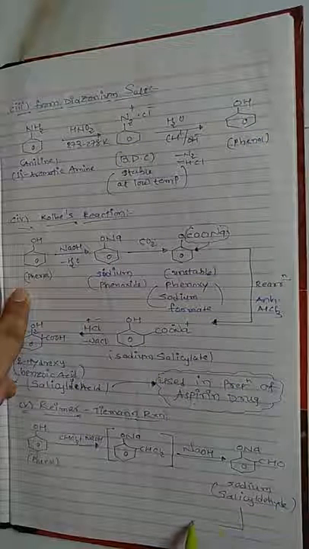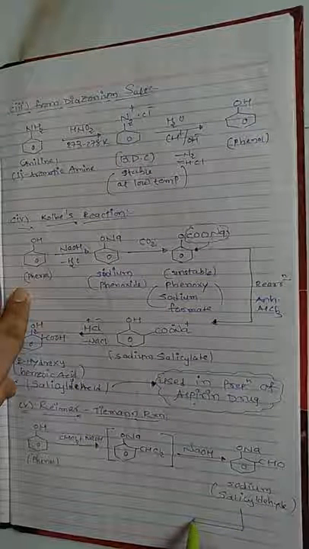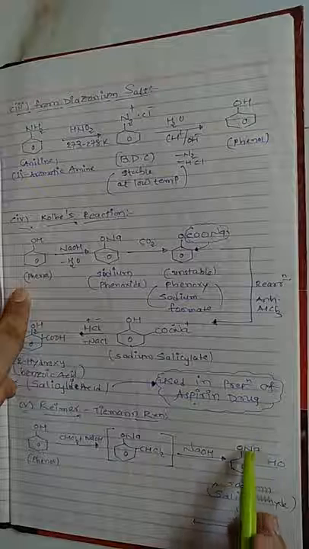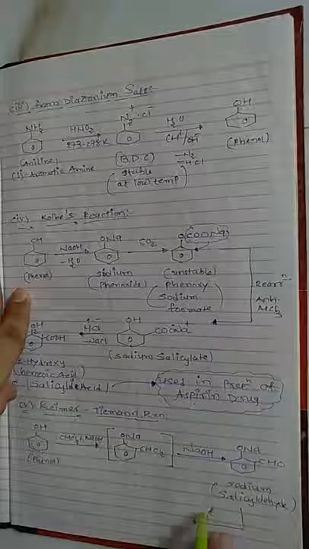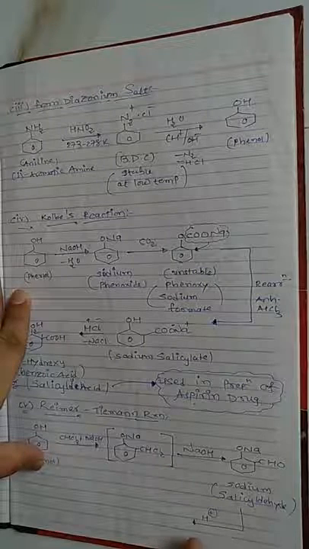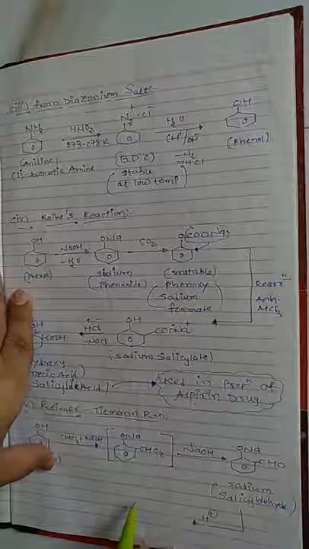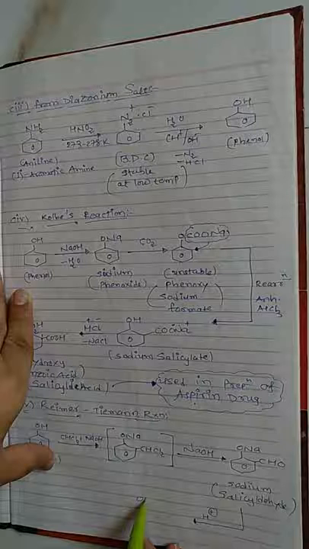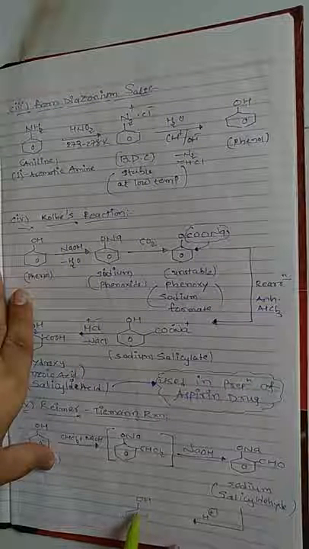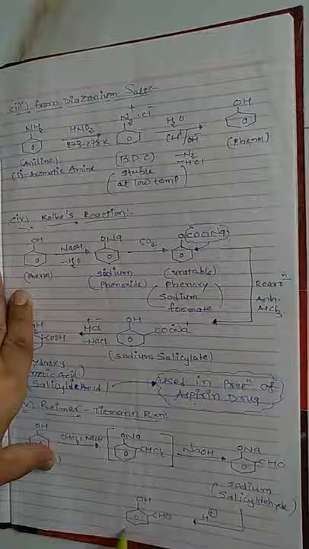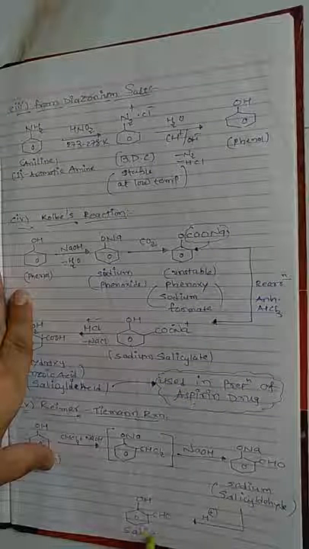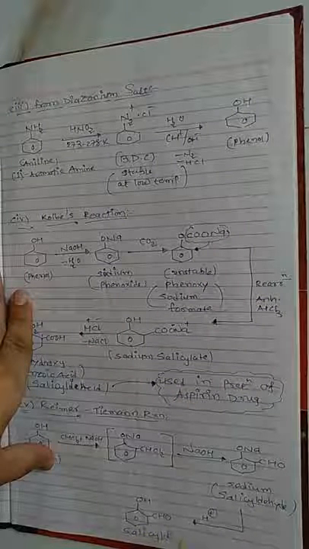So in the last step we only require substitution of H plus instead of Na. So I will add a mineral acid which has H plus ion, so it forms OH substituted with CHO. This is called salicylaldehyde.